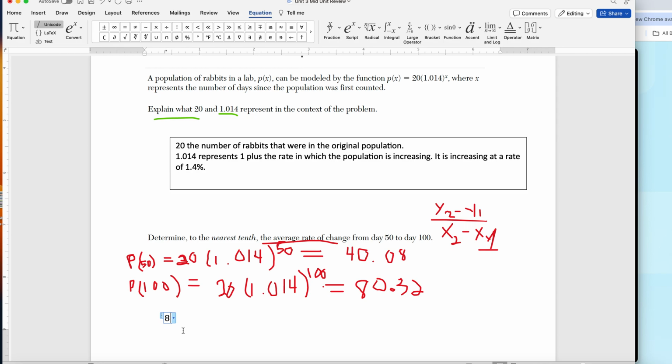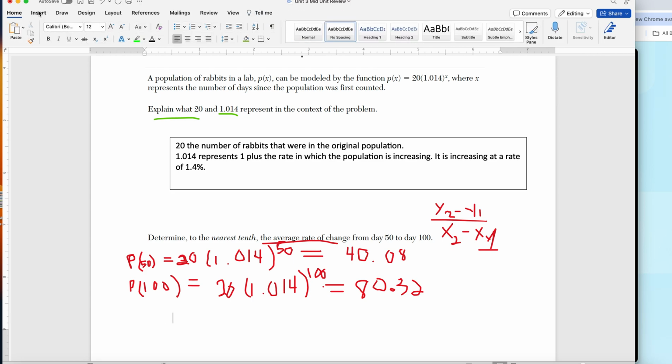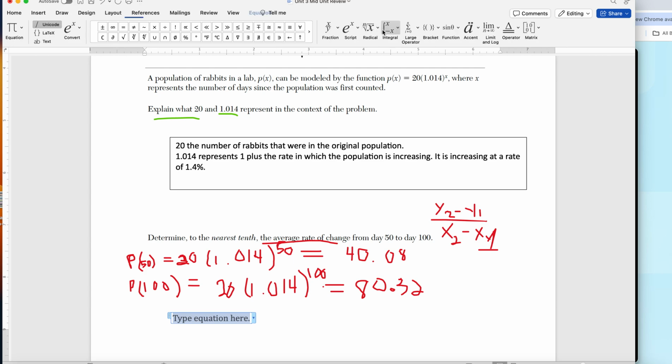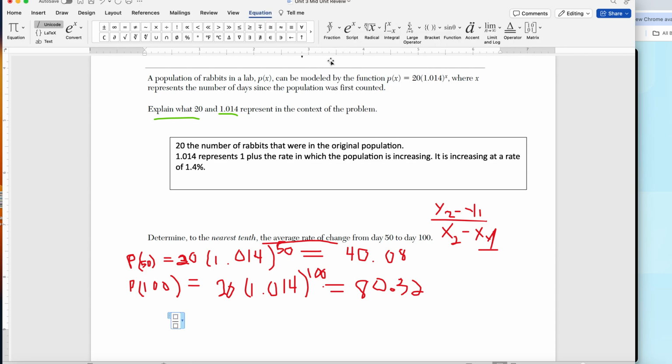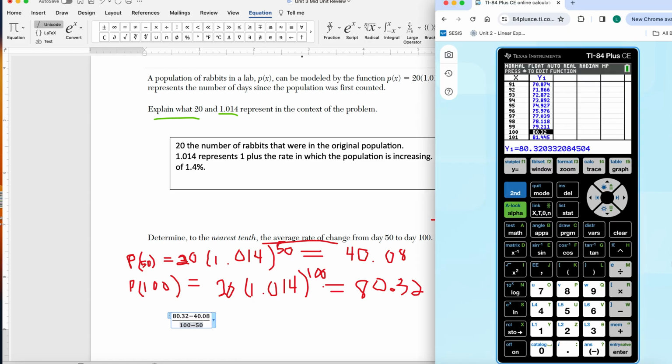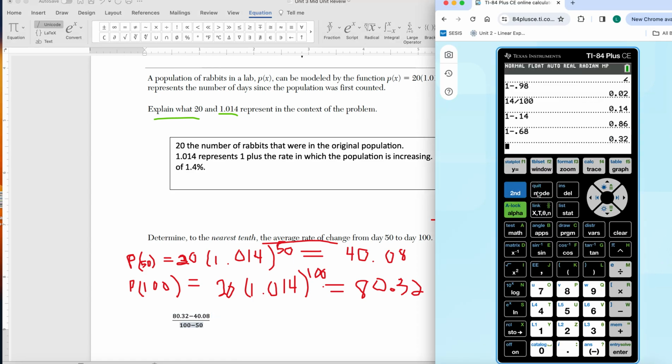And so we have 80.32 minus 40.08, and that is on top. And we have 100 minus 50. Okay, so I'm just going to put that in my calculator.